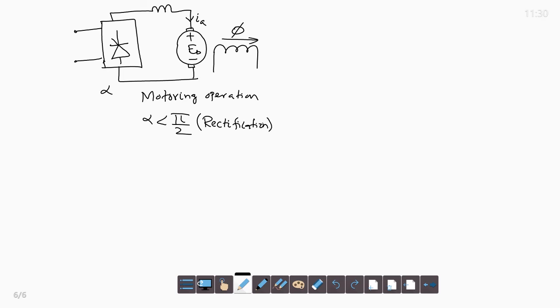Because alpha is less than pi by 2, V is positive, we can consider this voltage equivalent to a battery like this. This is the voltage VA equivalent. VA is the equivalent DC voltage source. Now, same converter operating in inverter mode with firing angle more than pi by 2.